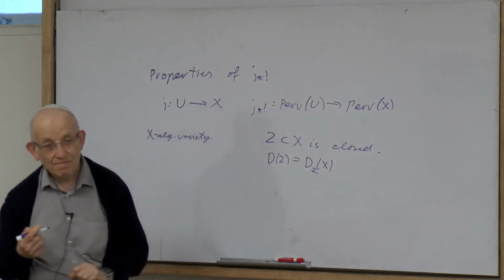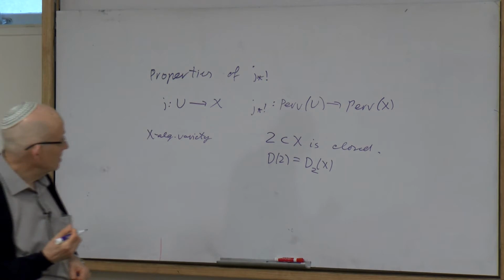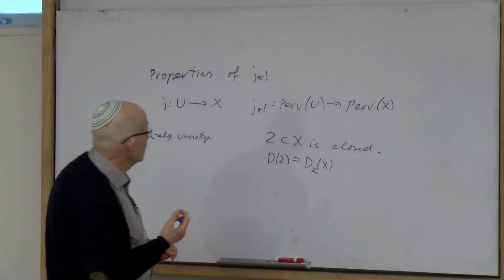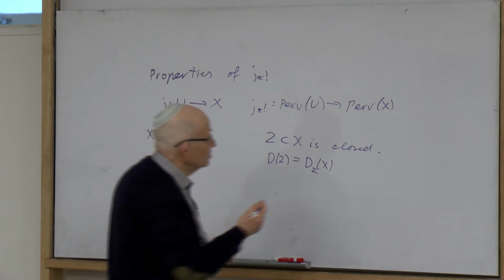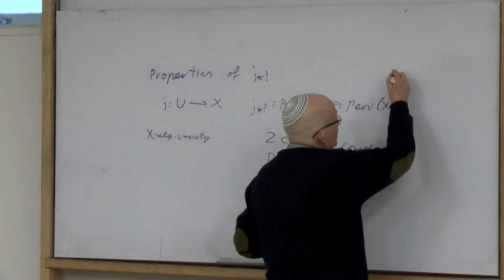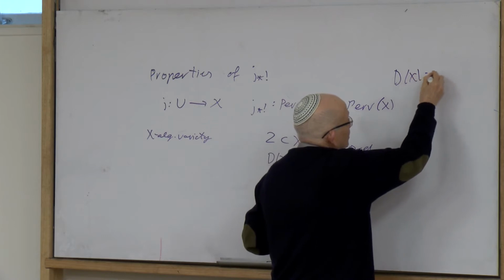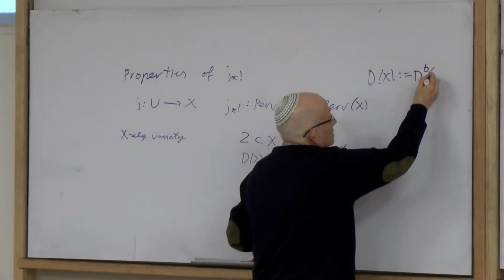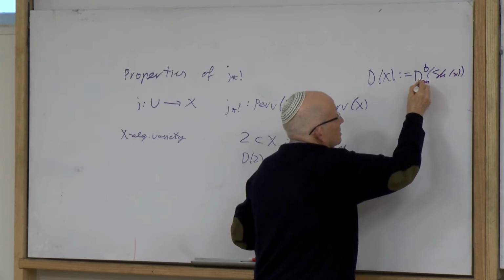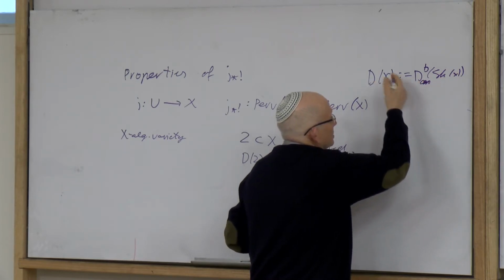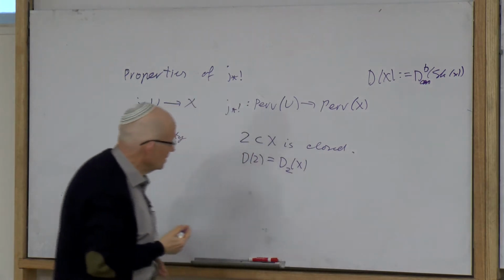What is D now? Is it sheaves, perverse? So D of X is by definition D^b of constructible sheaves on X. Okay, so this will be standard notation.